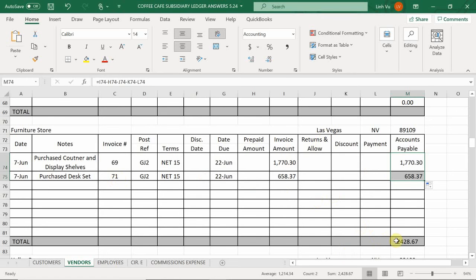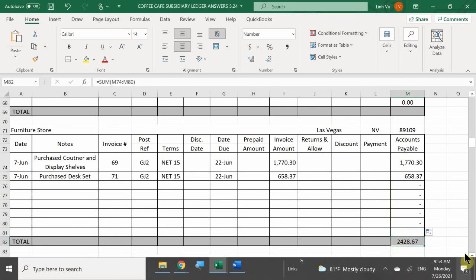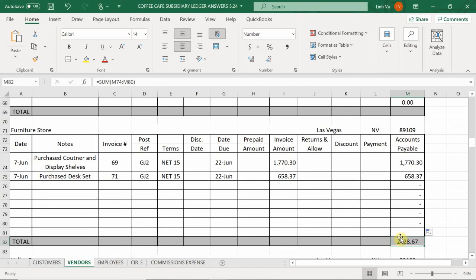Now, if you had this as a total at the bottom, right? If I drag this formula all the way down, it should say that I currently owe the furniture store $2,428.67 in grand total.